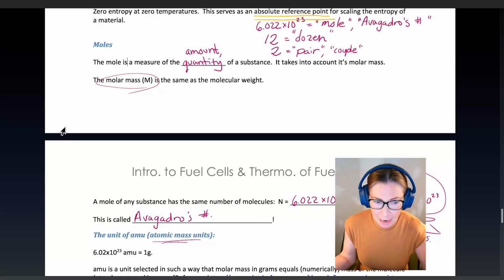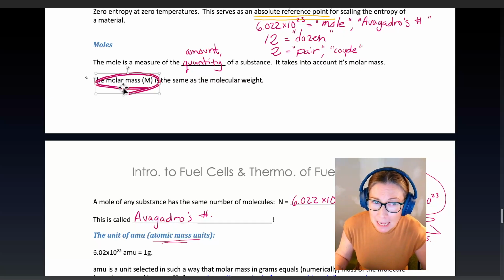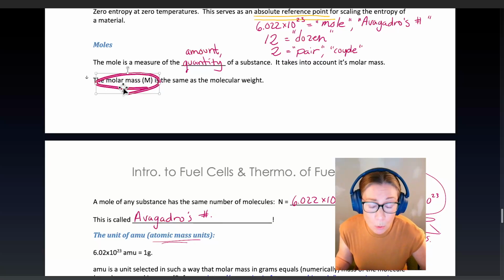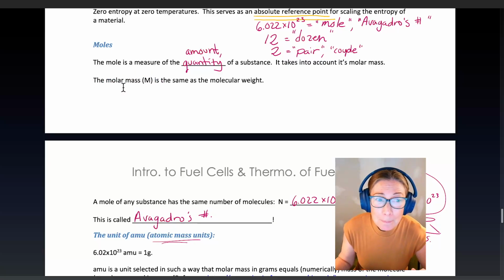All right. Now, there's a thing called molar mass. The molar mass is the amount of mass, in kilograms, that each mole of a substance will take up.